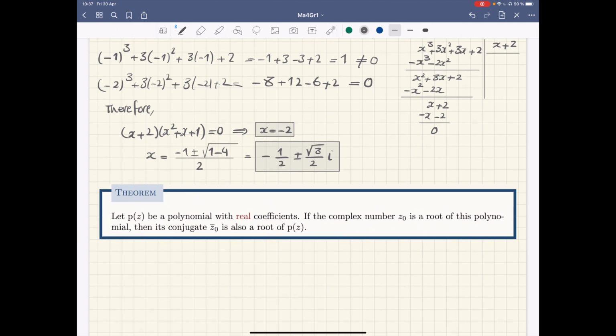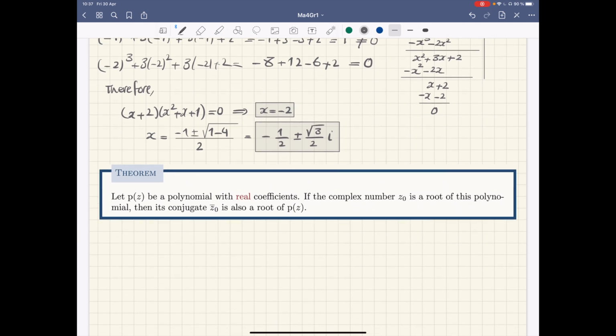That is another theorem that I want to mention. It's another important theorem. So let P of z be a polynomial with real, not integer, real coefficients. You might say that all the coefficients should be integers. I would say no, because we are working in the chapter of complex numbers.